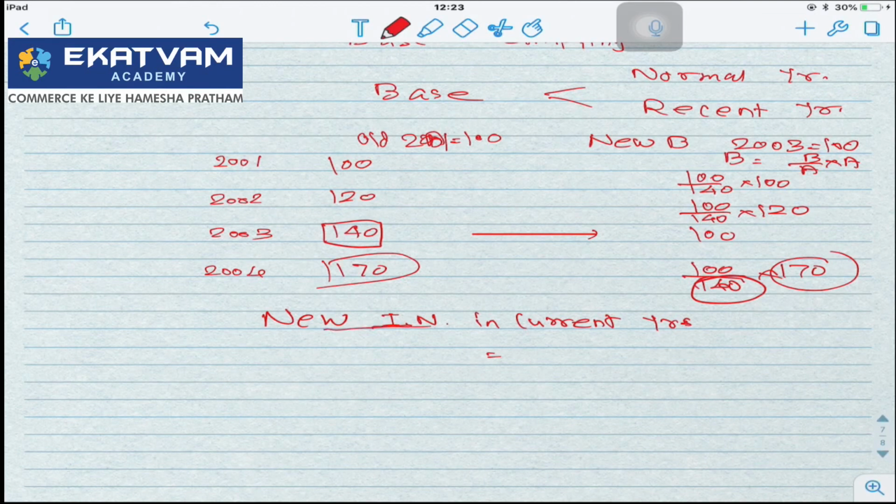And therefore I can write this as, new index is old index in current year upon old index in new base year, multiplied by 100. 100 is going to be always what? 100.